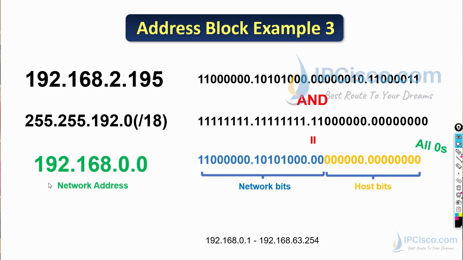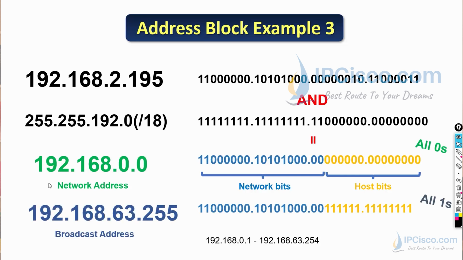And to find the broadcast IP address, again, we will change all host bits to ones. And this time, our broadcast IP address will be 192.168.63.255. This is our broadcast IP address. And below you can see the available host IP address range.